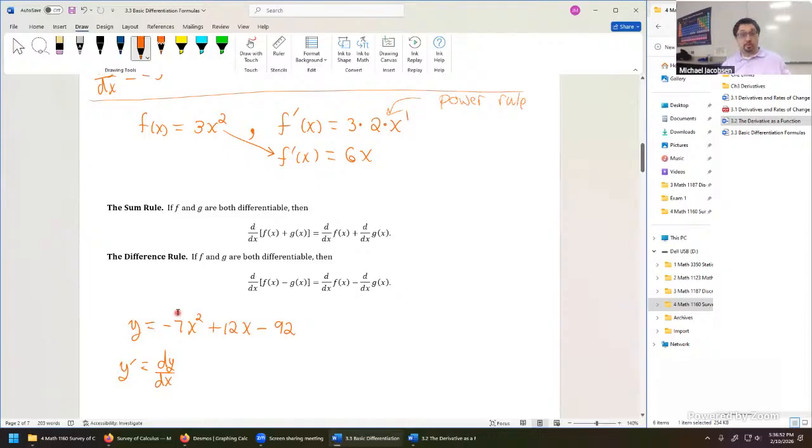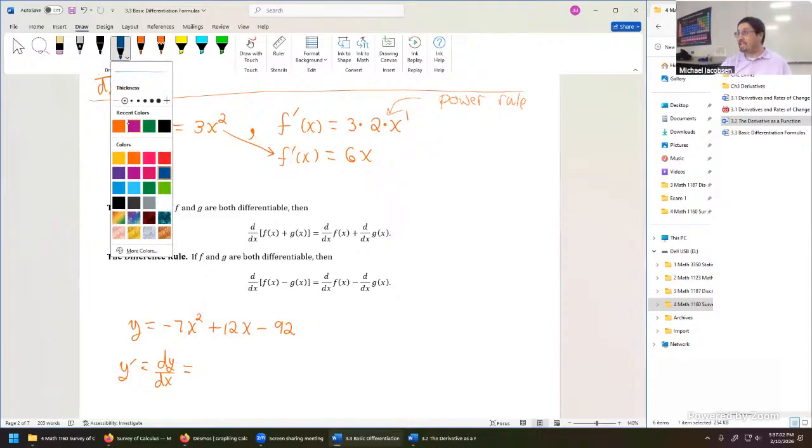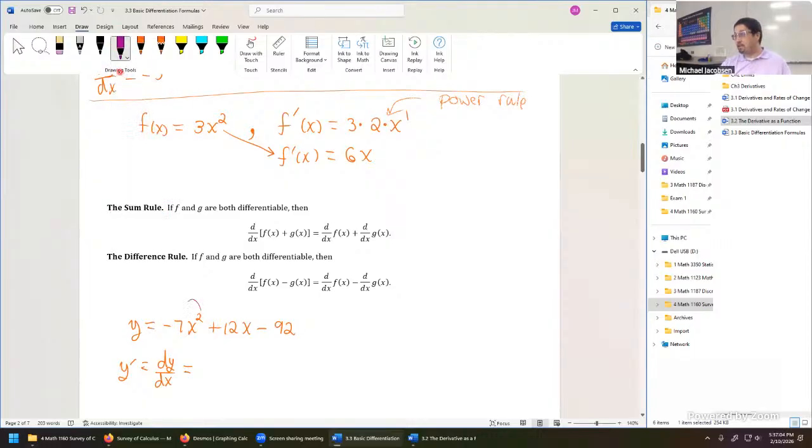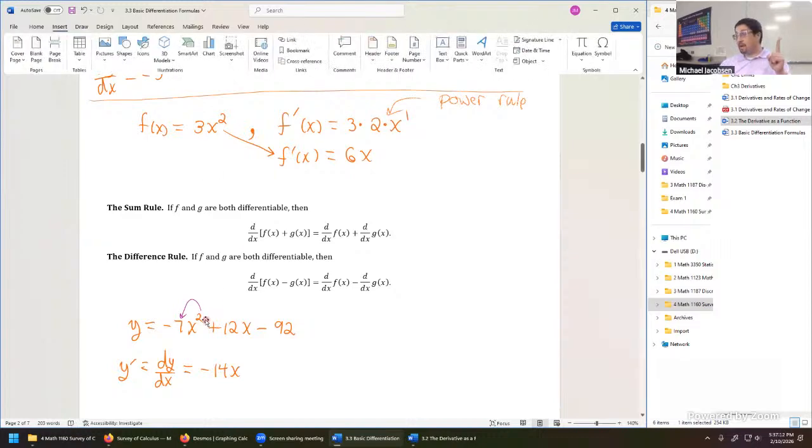The constant multiple rule says that -7 that's multiplying stays in place. The power rule says 2 is just going to come down and multiply. So here's all of our rules interacting at the same time. Multiply here, we get -14, x to the power 1, so we'll just write it as x. The power drops by 1.